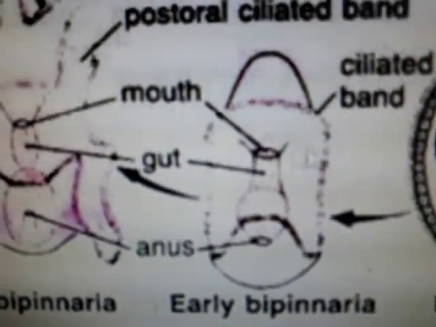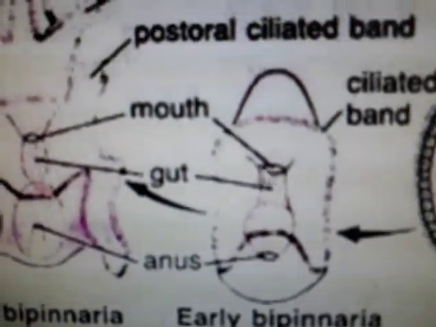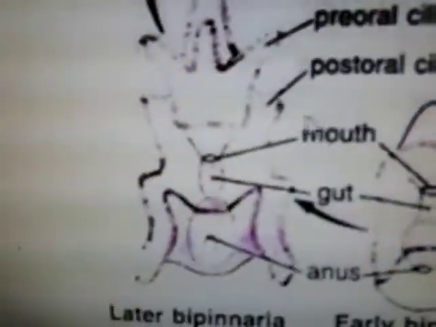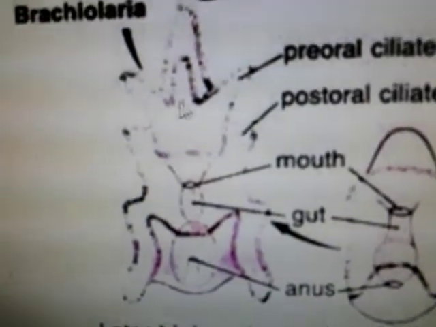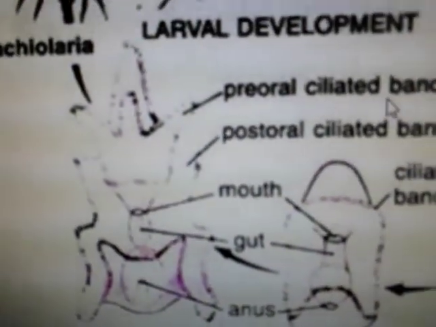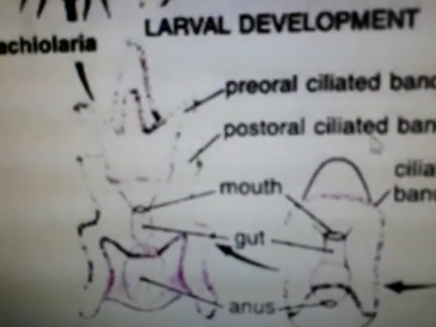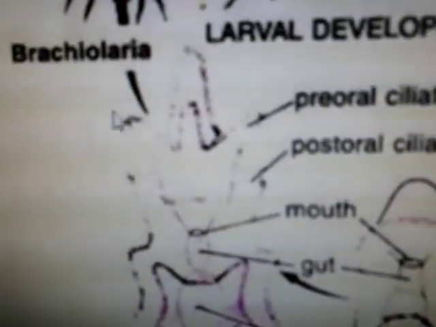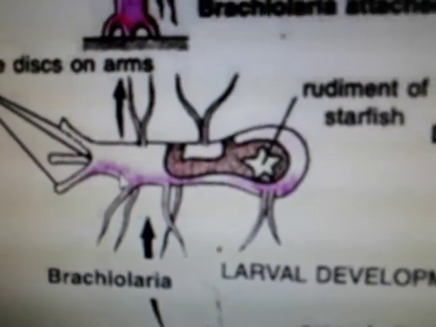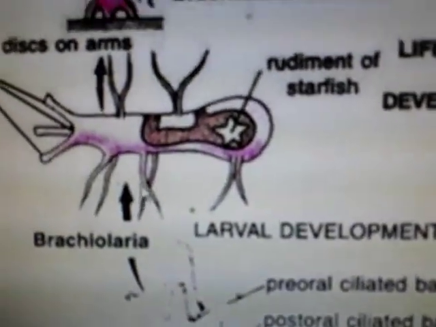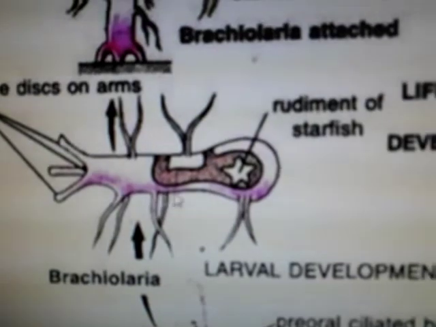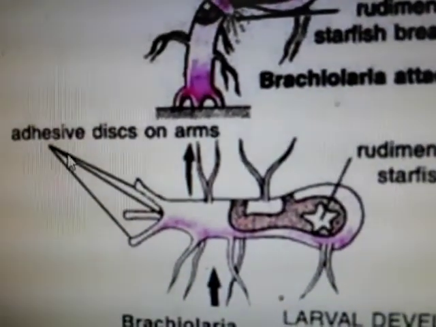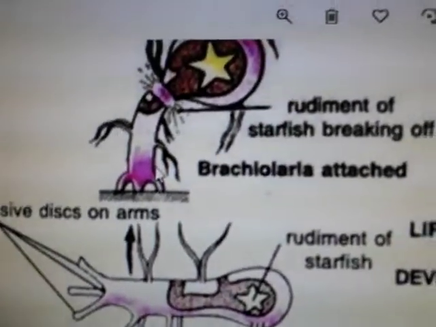Early bipinnaria, ciliated band, mouth, gut, anus. This is early bipinnaria, and later bipinnaria. Pre-oral ciliated band, post-oral ciliated band, mouth, gut, anus. Then it converts into brachiolaria. These are rudiments of starfish and adhesive disc on arms.